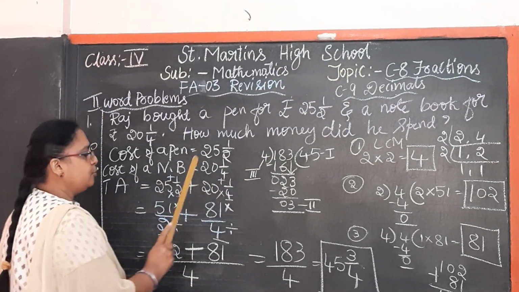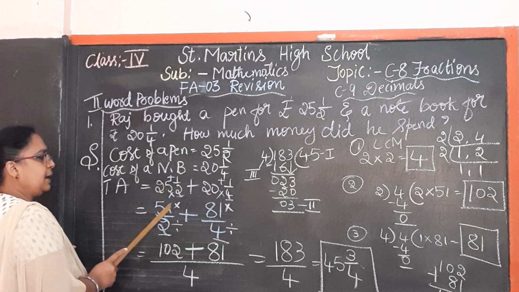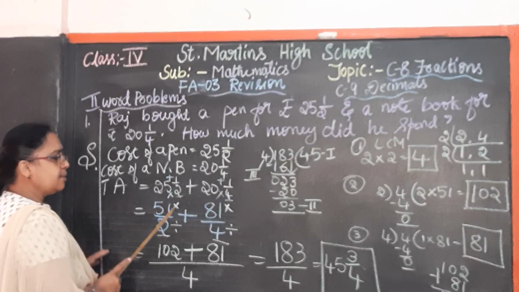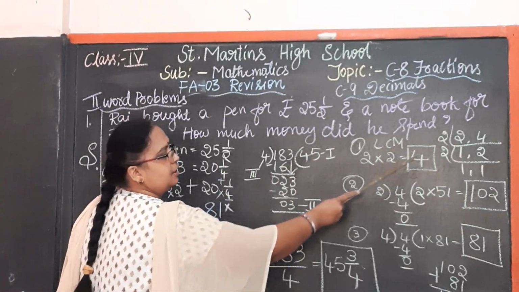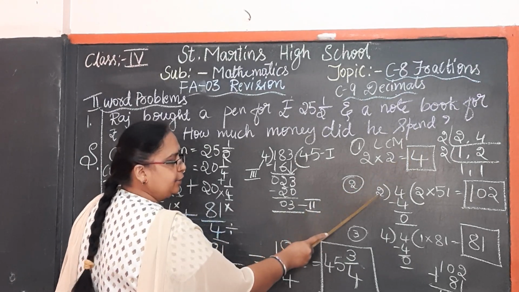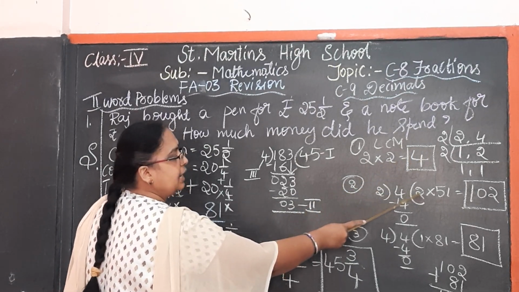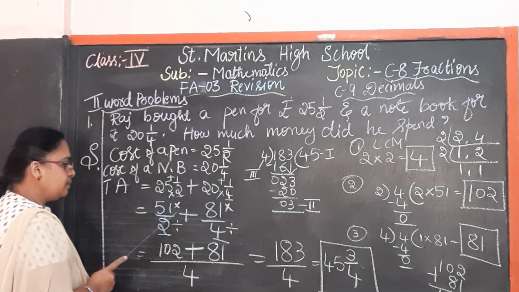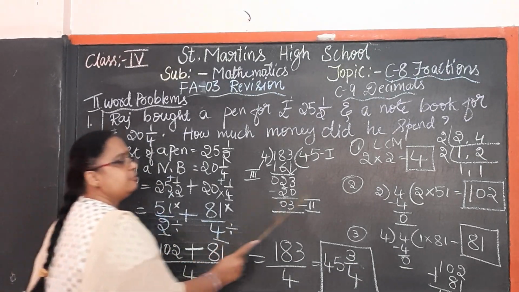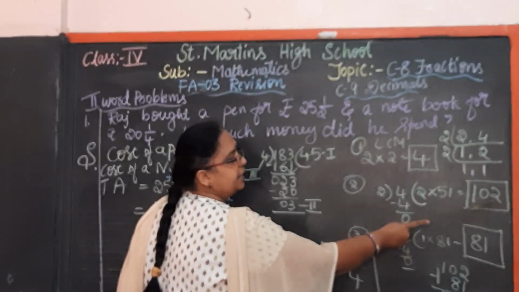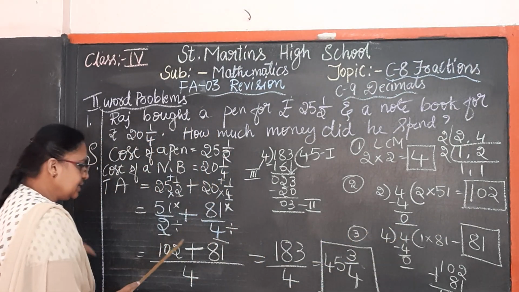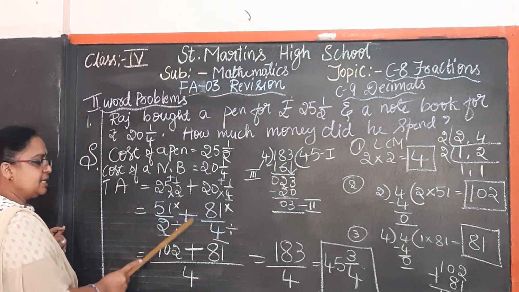That LCM 4 should be divided by 2 and multiplied by 51. We divide this LCM 4 by 2. We got the answer 2. And that answer should be multiplied by 51. 51 into 2 is 102. That 102 we have written here, with the plus sign.